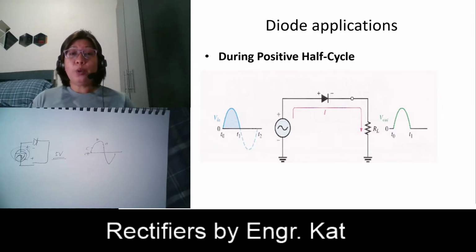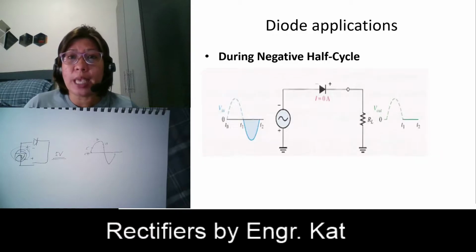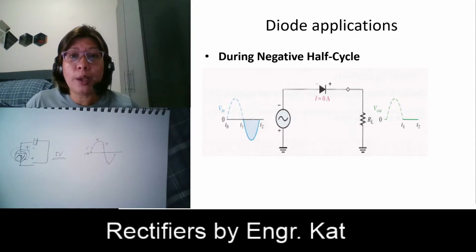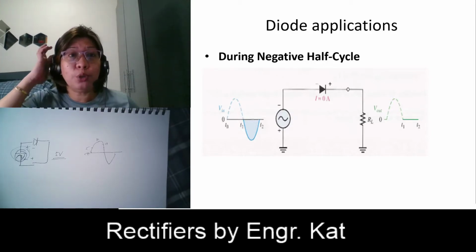Okay, so going back here, what happens during the negative half cycle? During the negative half cycle, we have here the minus and plus. The negative is connected to your anode while the positive is grounded. So what happens? Negative to anode is a reverse bias condition for your diode.